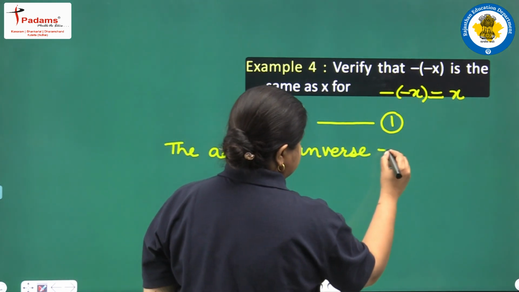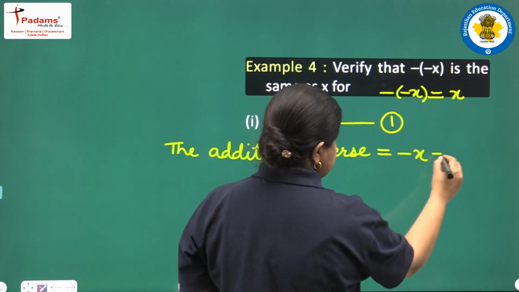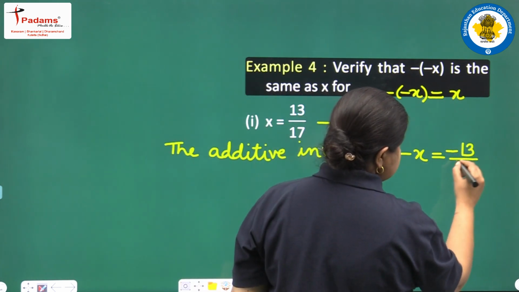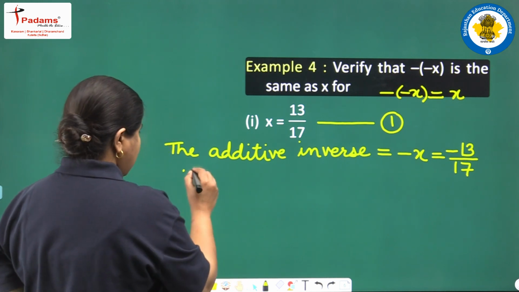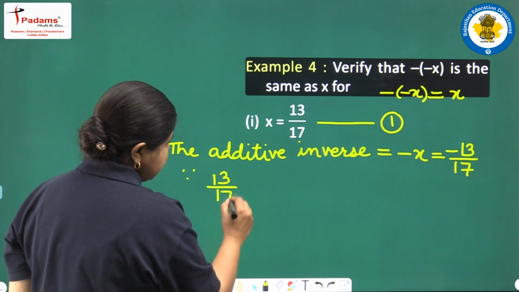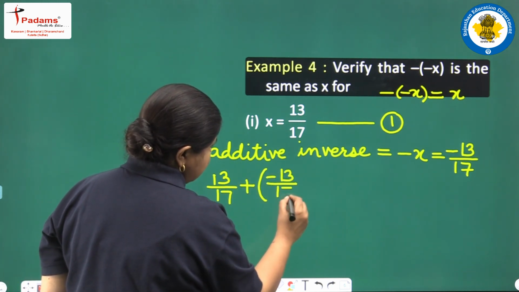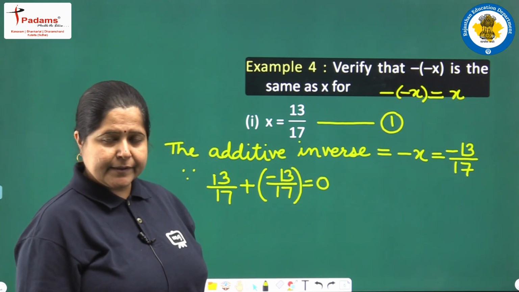The additive inverse will be what? Inverse of x is minus x, and inverse of 13 by 17 will be minus 13 upon 17. Why will this be so? Because if we add them, 13 upon 17 plus minus 13 upon 17, we get the answer to be 0, the additive identity.